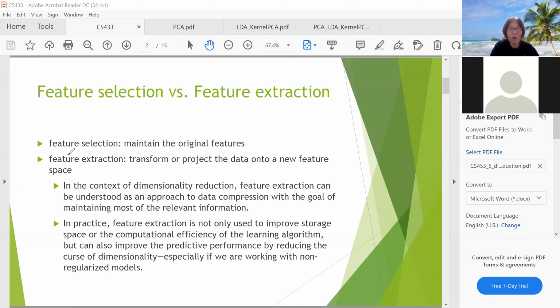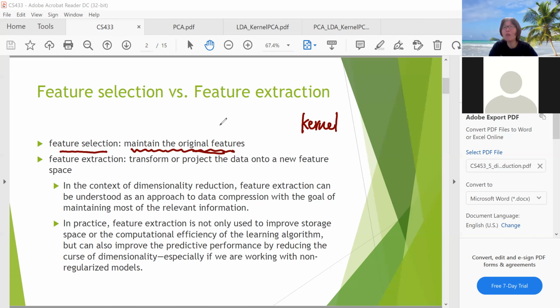Also regarding previously, for feature selection, if you recall, we maintain the original features. We didn't change the original features. But for the kernel trick, you manually add some features. Anyway, for feature selection, we maintain original features.